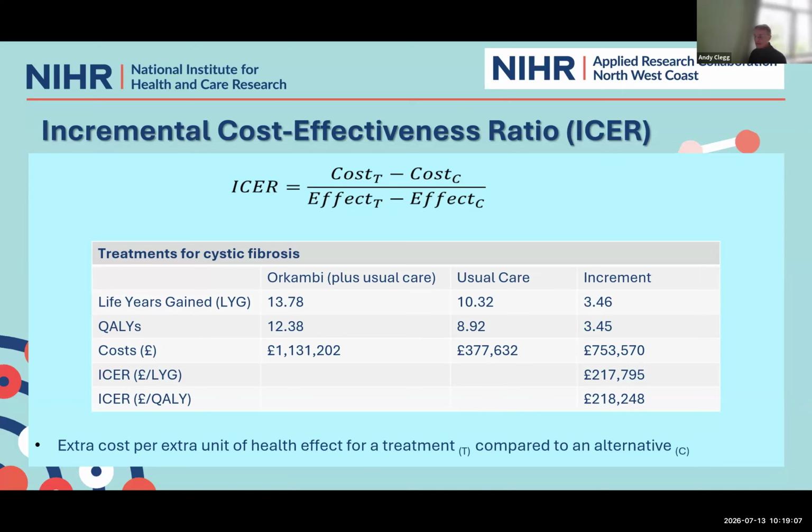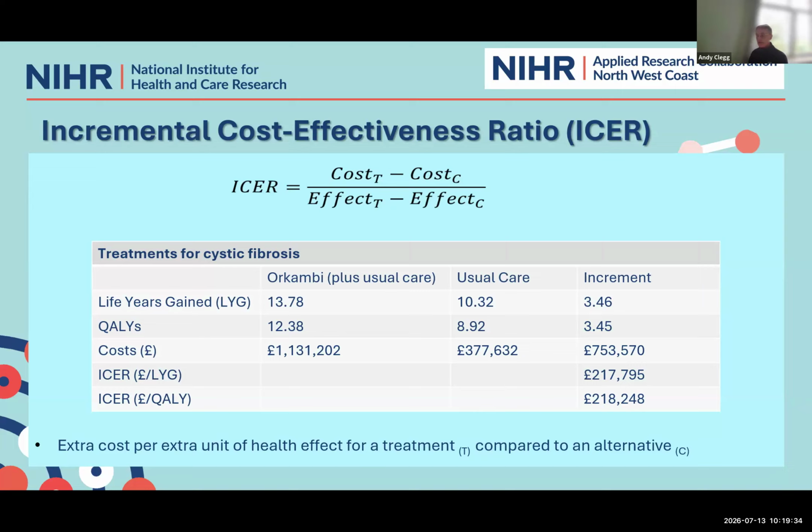It was analysed, and that provides 3.46 life years gained or 3.445 additional QALYs from the new treatment compared to usual care, but at a very high cost, an incremental cost of 570,000 pounds for each intervention that's given.